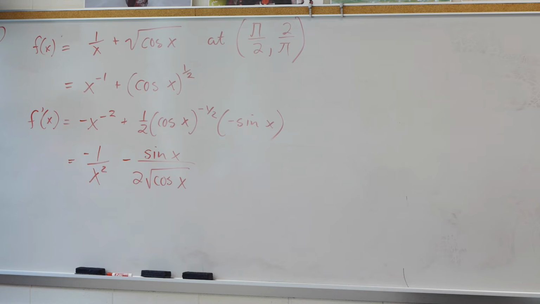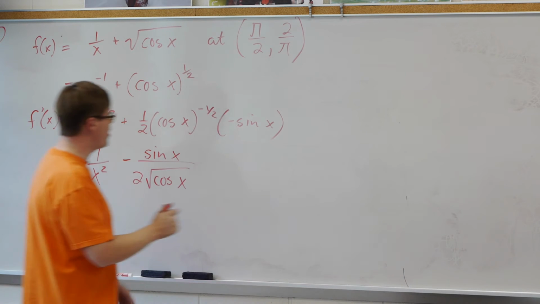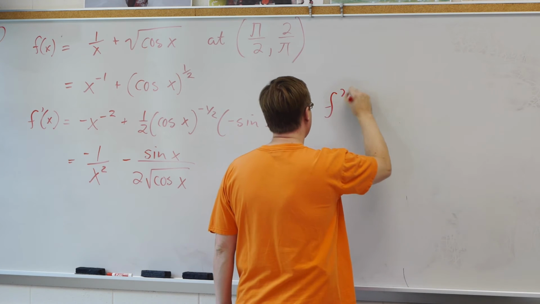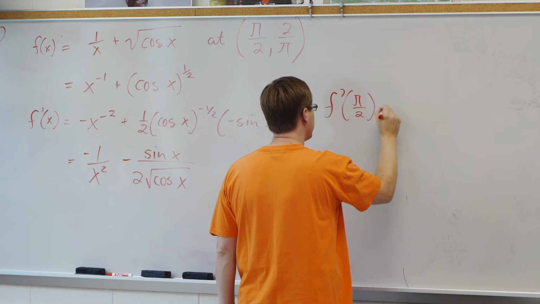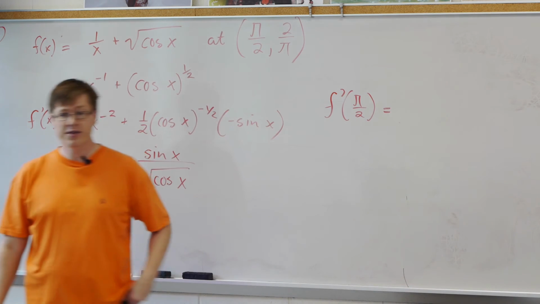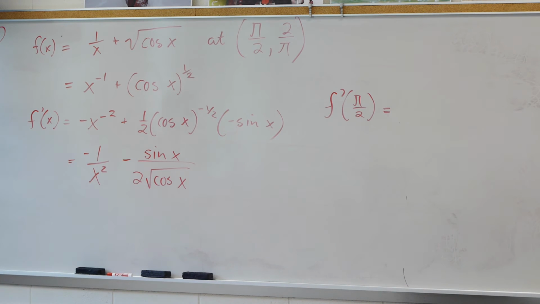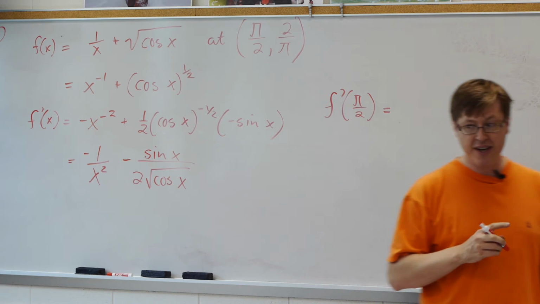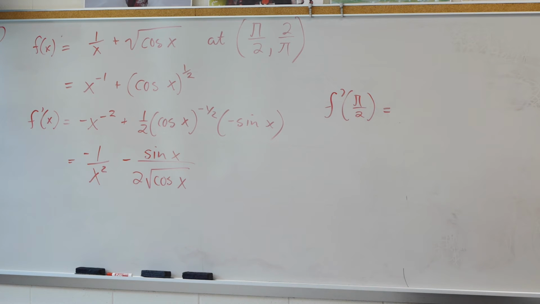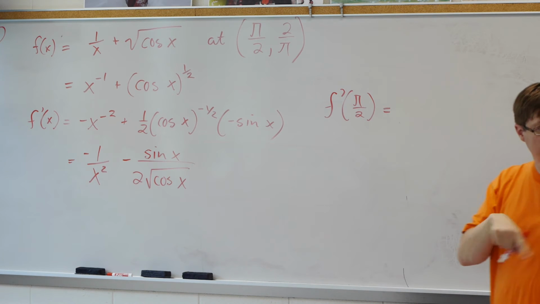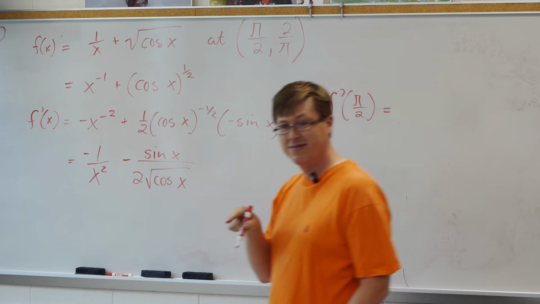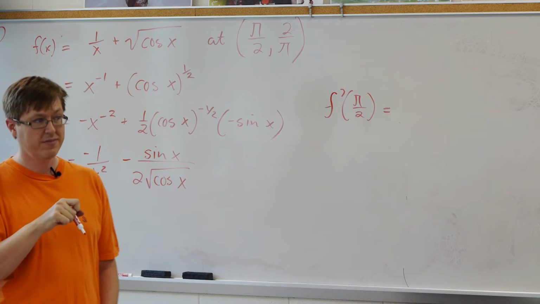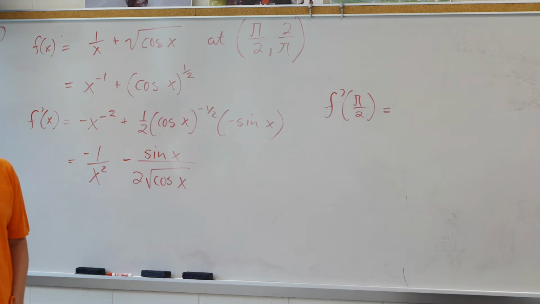All right, so the point is pi over 2, 2 over pi. So I need to know what f prime of pi over 2 is. Which means you need to know sine and cosine of pi over 2. You may want to remember the unit circle. Cosine is x, sine is y, so find that point. The point's going to be 0, 1.